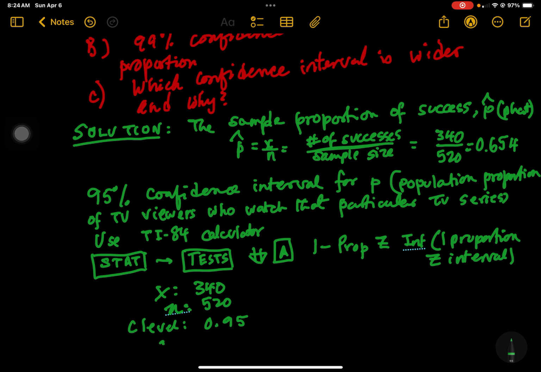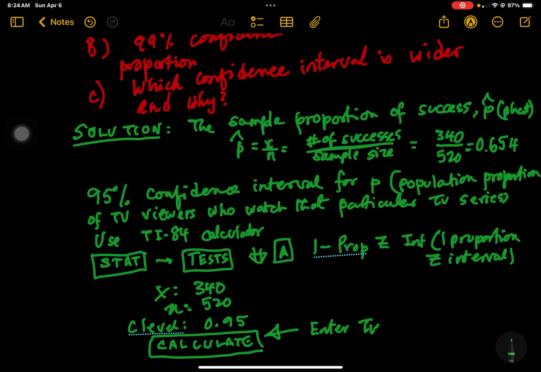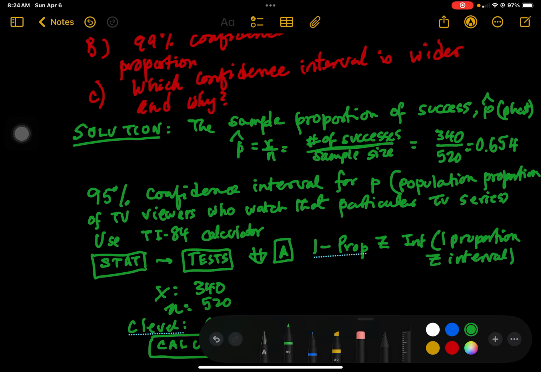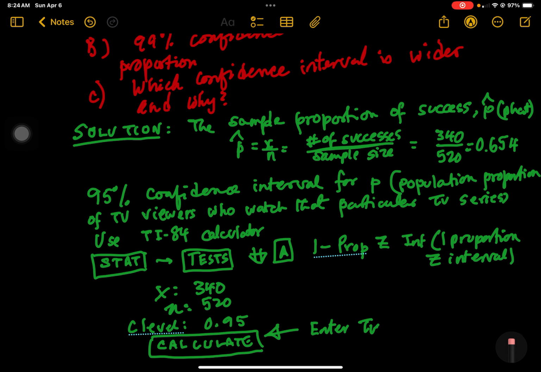Then we go down to calculate, put the cursor on calculate and hit enter. Enter only once, I'm sorry about that. Twice is only when you are on paste.